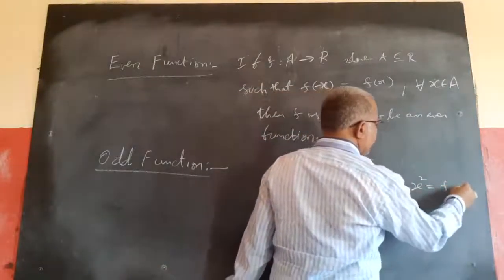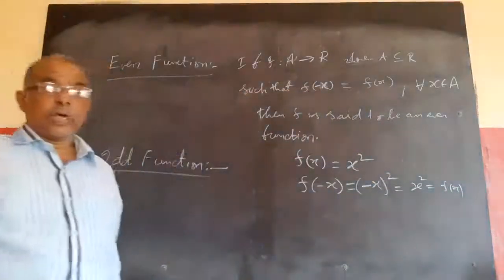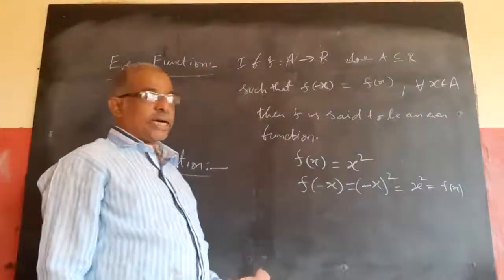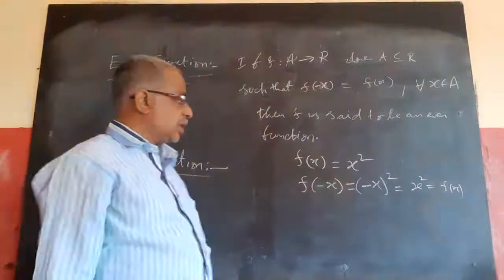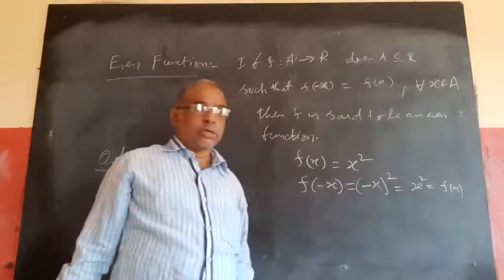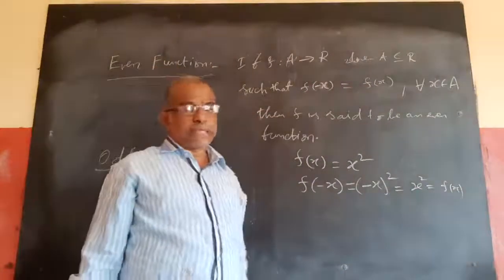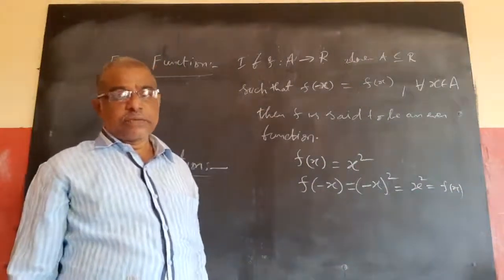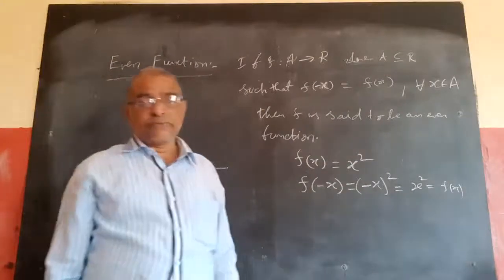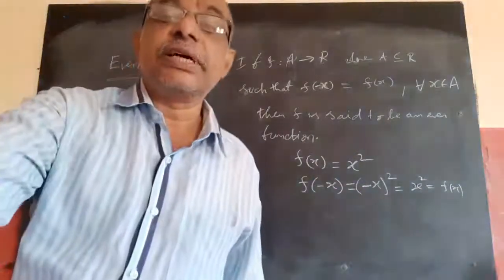It is nothing but f of x only. So f of x equal to x square is an even function, because f of minus x equal to plus f of x.